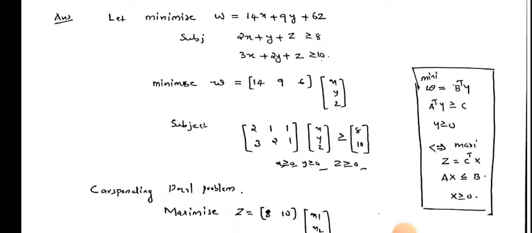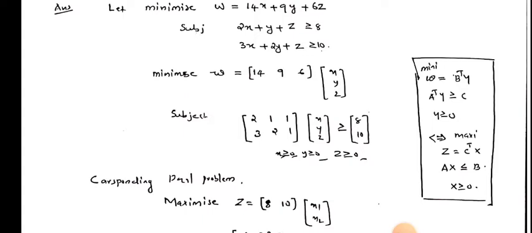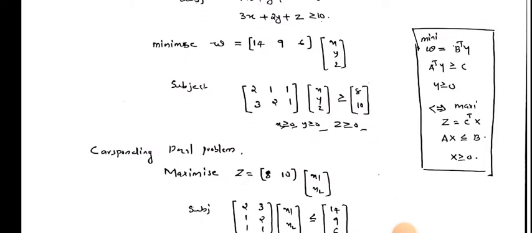That is, minimize W equal to the row matrix 14, 9, 6 times the column matrix x, y, z, subject to the 2 cross 3 matrix 2, 1, 1, 3, 2, 1 times the column matrix x, y, z, greater than or equal to the column matrix 8 and 10.